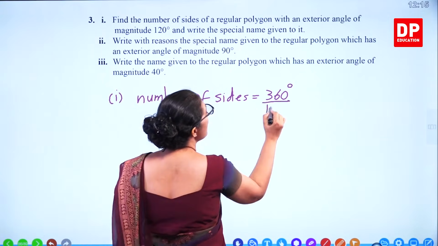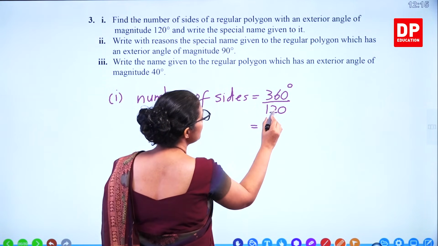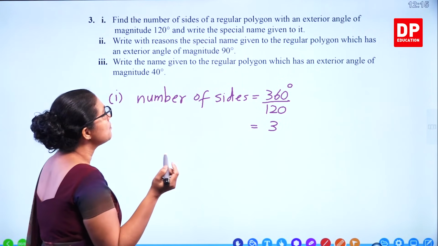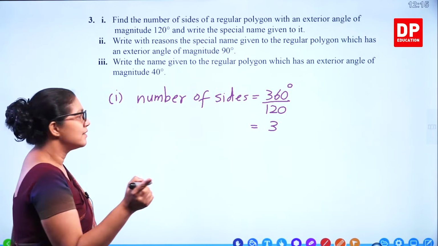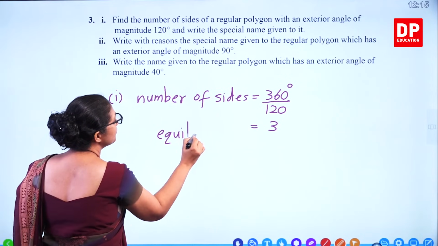When you divide by 120, you can find the number of sides. This is 3. So what's the special name for this? This is a regular triangle. That's an equilateral triangle.